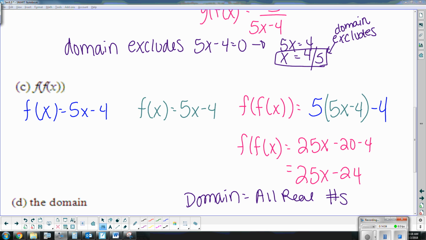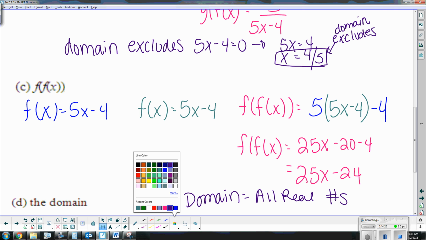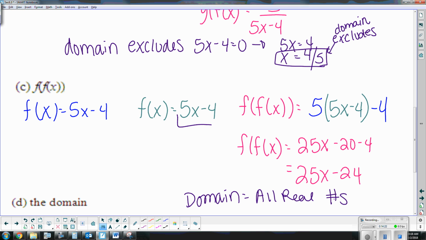And then in the last example, f of x is 5x minus 4 and f of x is 5x minus 4, the function f composed with f is 5 times 5x minus 4. So this 5x minus 4 is the input for function f.